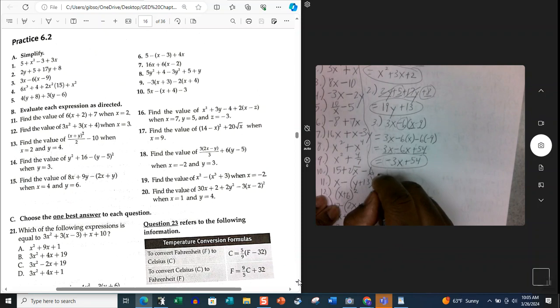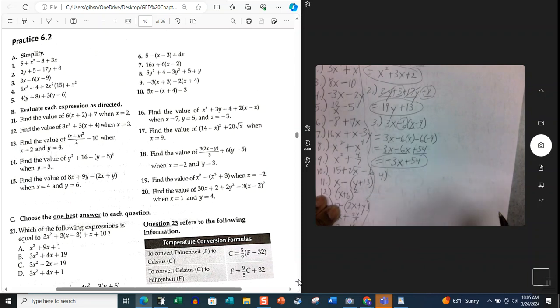Okay, now problem number 4. We have 6x cubed plus 4 plus 2x squared times (15 plus x squared). Now, before we talk about the different terms, we notice here we have 2x squared times the parenthesis of 15.